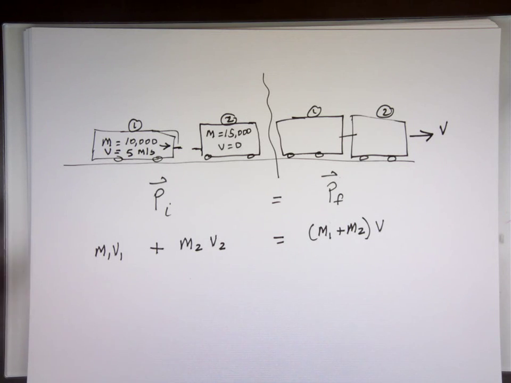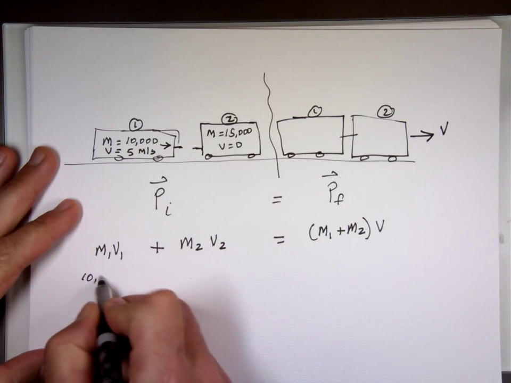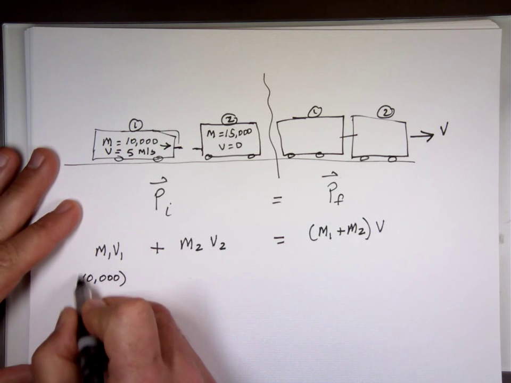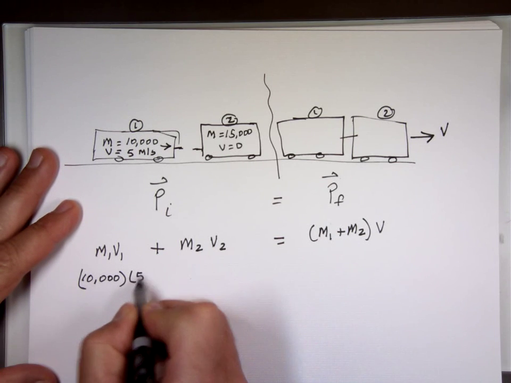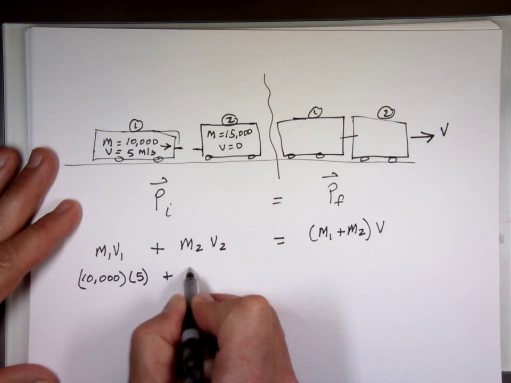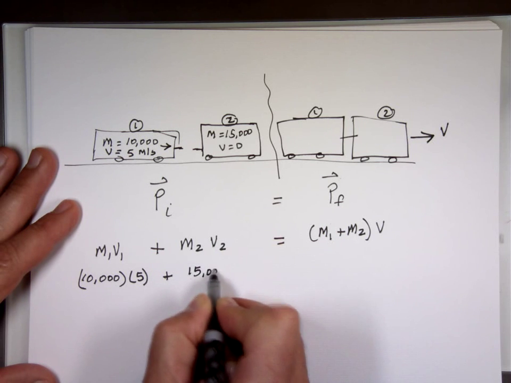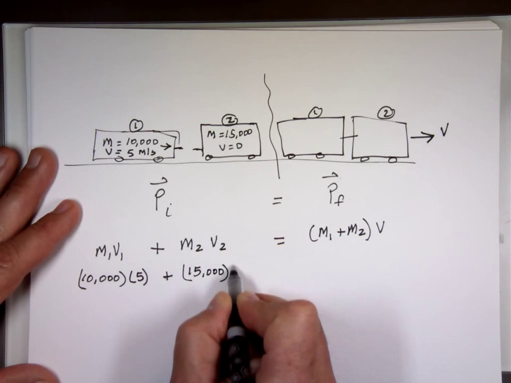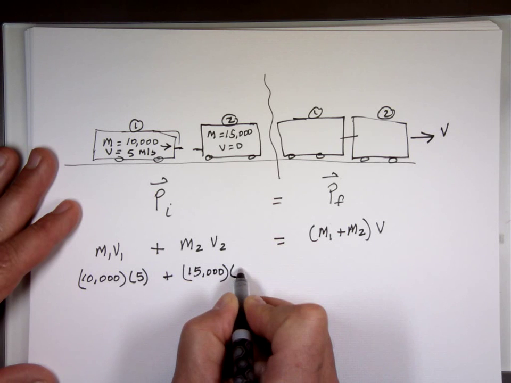What's the mass of the first one? 10,000. What's the velocity? 5. What's the mass of the second one? 15,000. What's the velocity of the second one? 0.